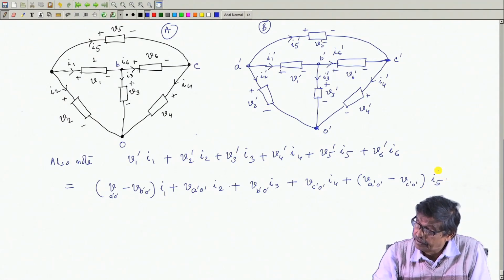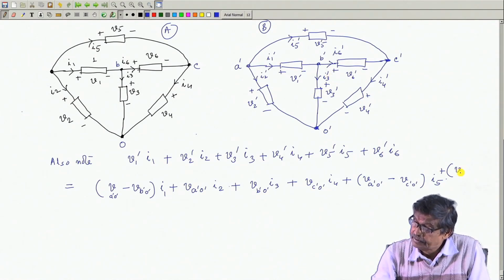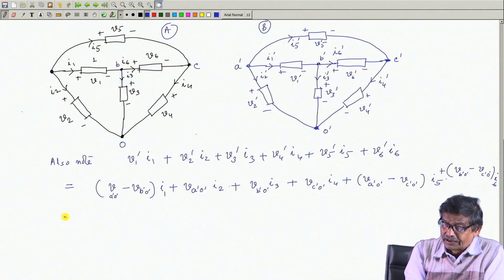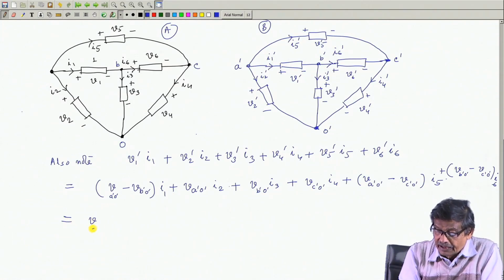That will be plus element 6, which is B B dash 0 dash minus B C dash 0 dash into I 6. Once again you collect the terms, that is B A dashed 0 dashed.